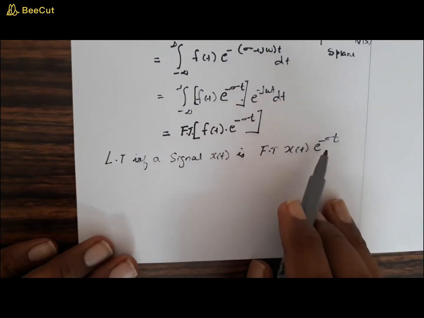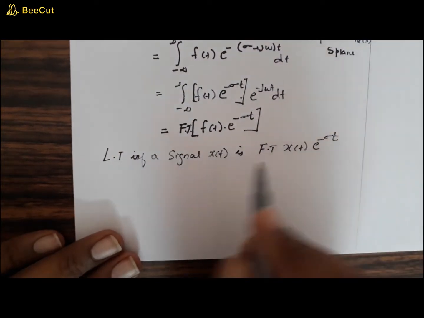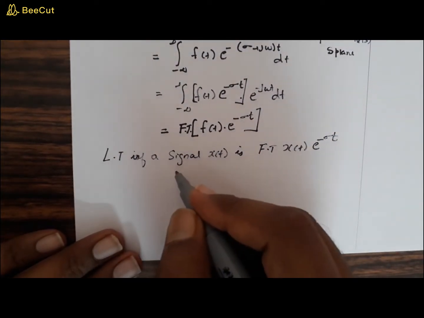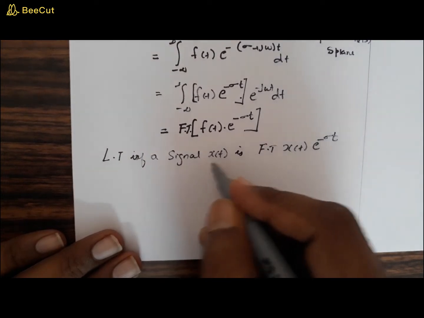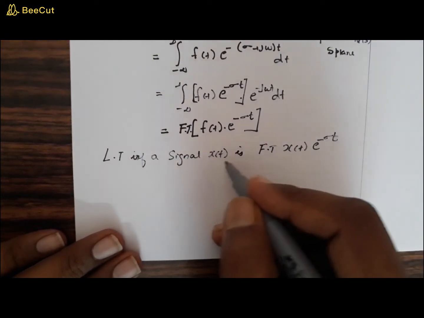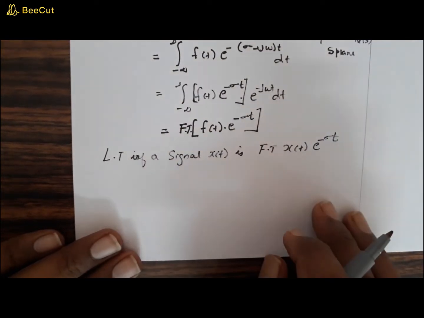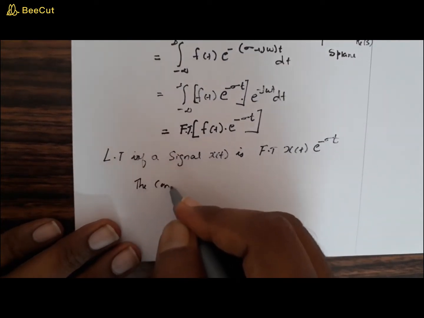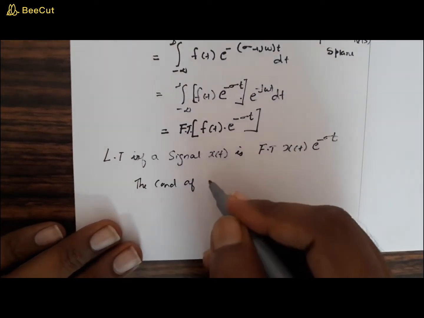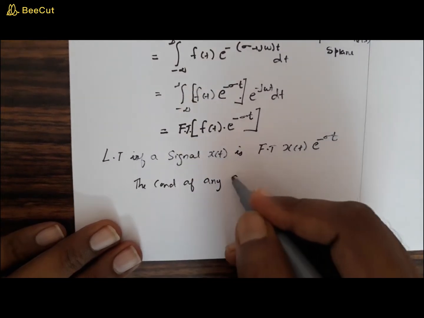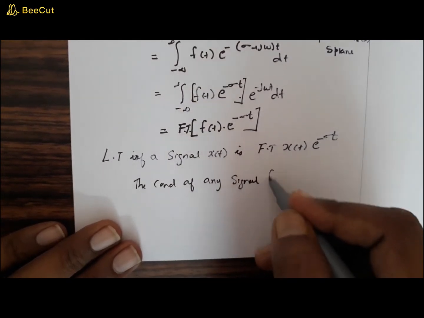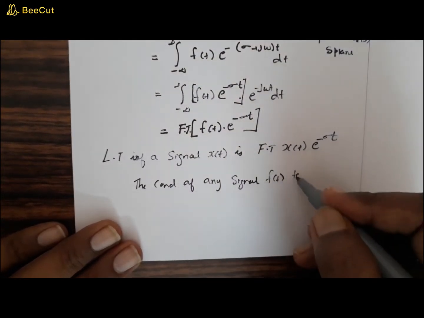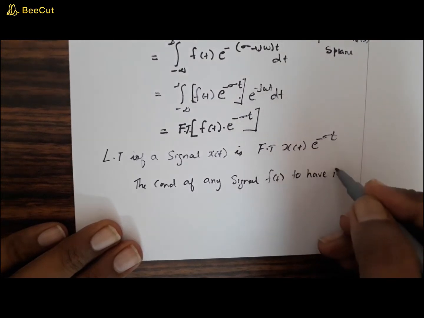Okay, now the next question is, what is the condition for any signal, say f of t, to have its Fourier transform?